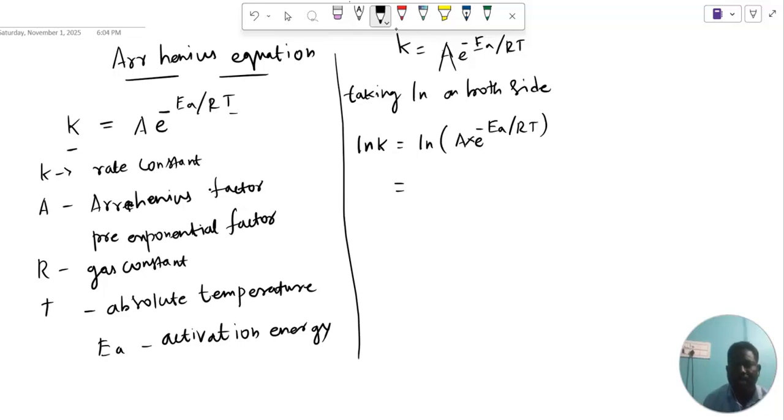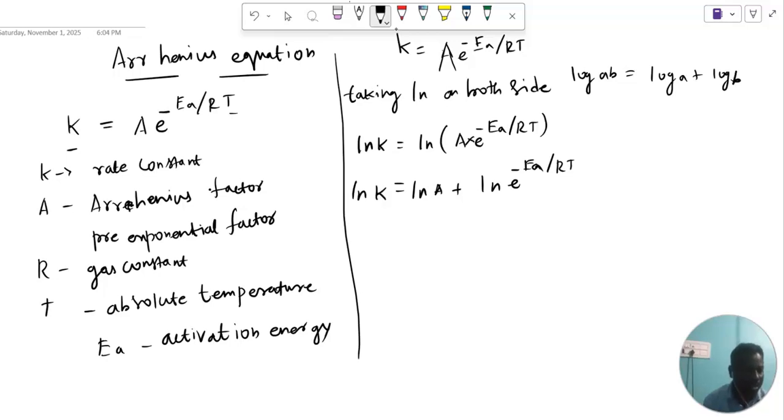We know the logarithmic expression: log AB is nothing but log A plus log B. We can expand like this. Similarly here, ln A plus ln of exponential minus Ea by RT.